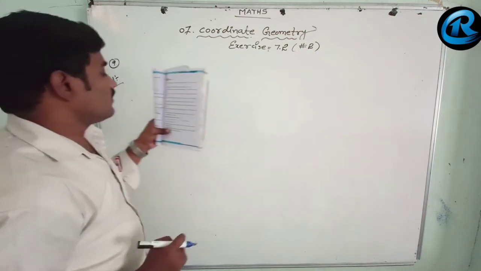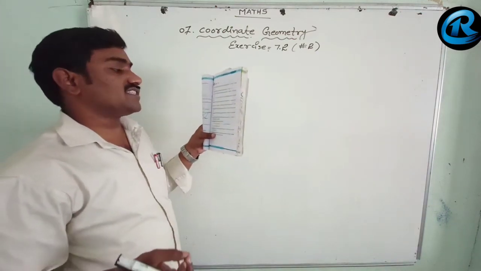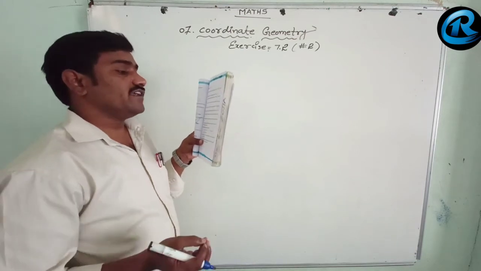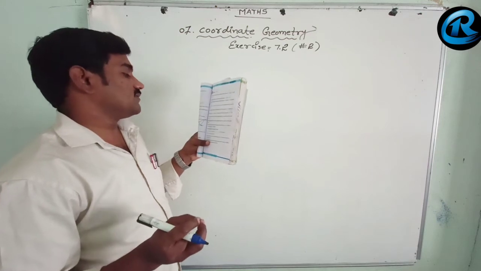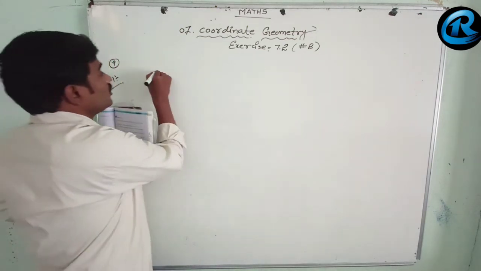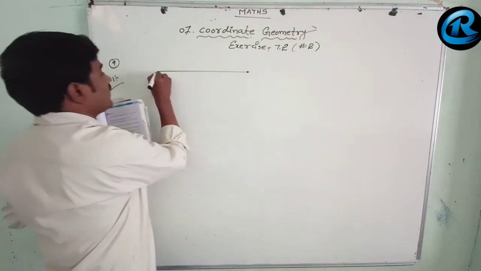See that. Find the point which divides the line segment joining the points a plus b, comma a minus b, and a minus b, comma a plus b, in the ratio 3:2 internally.